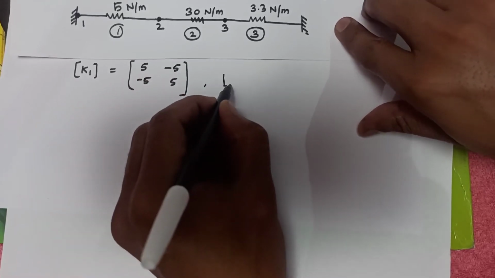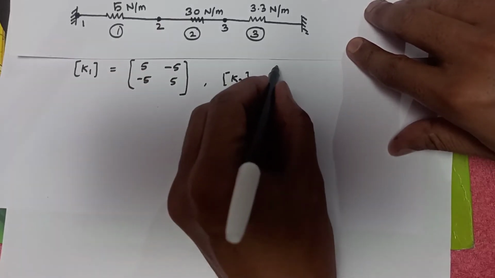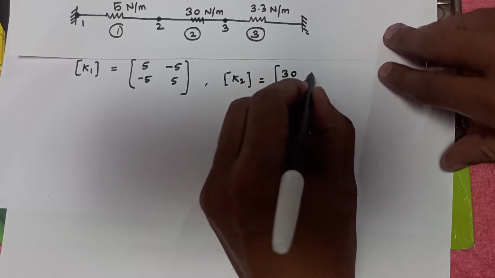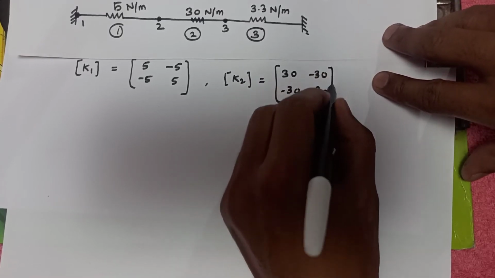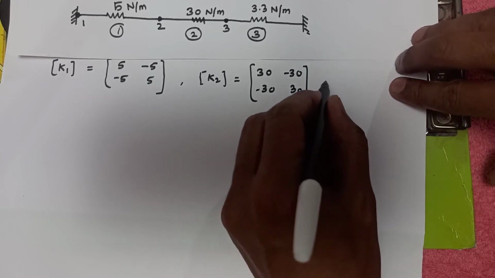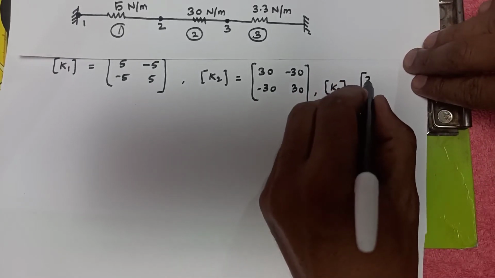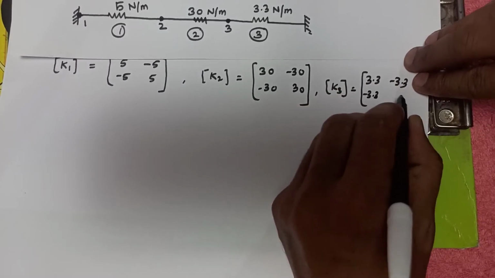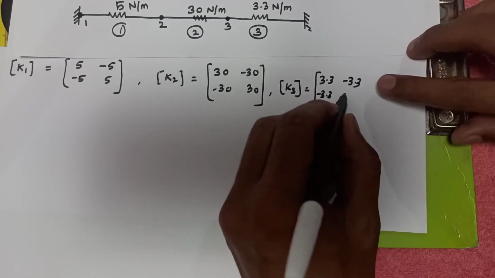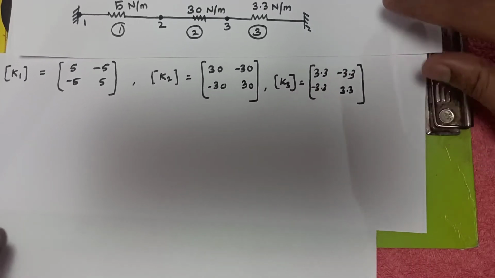Now for K2 it is 30, so 30, minus 30, minus 30, 30. And for K3 it is 3.3, minus 3.3, minus 3.3 and plus 3.3. Okay, hope it is clear to you.